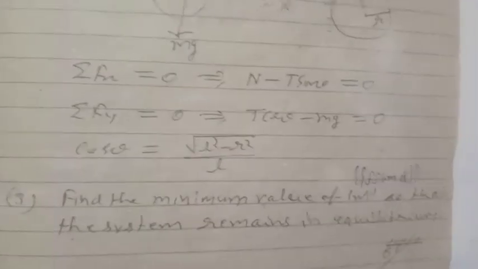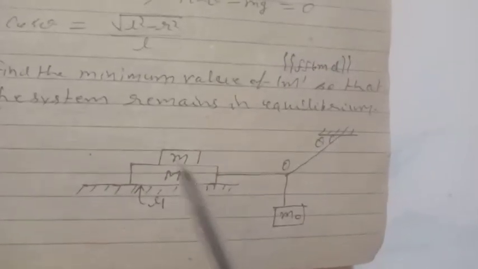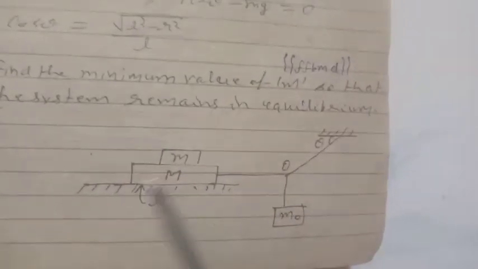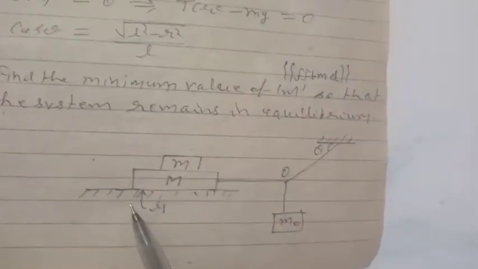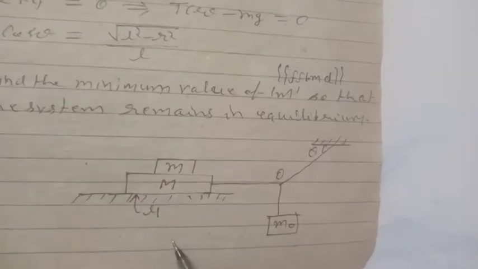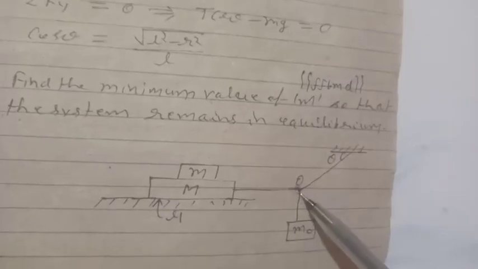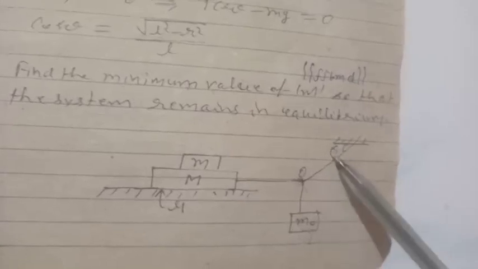Now the third example. Find the maximum value of m so that the system remains in equilibrium. This is shown in the figure, a situation where a body of mass m is placed on another body of mass capital M, and these two bodies are placed on a surface in which the coefficient of friction is mu, and it is hanged from point O with a string of mass m naught, and this is angle theta.